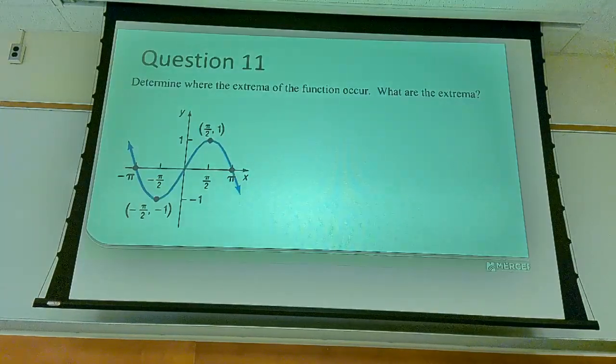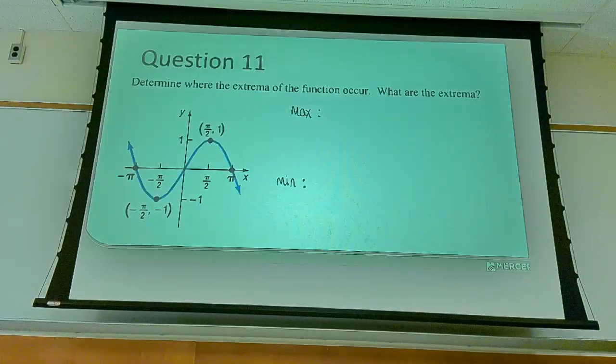Okay, so this is the sine function. They don't represent the arrows the right way. I'm going to go with this as actually a sine function.